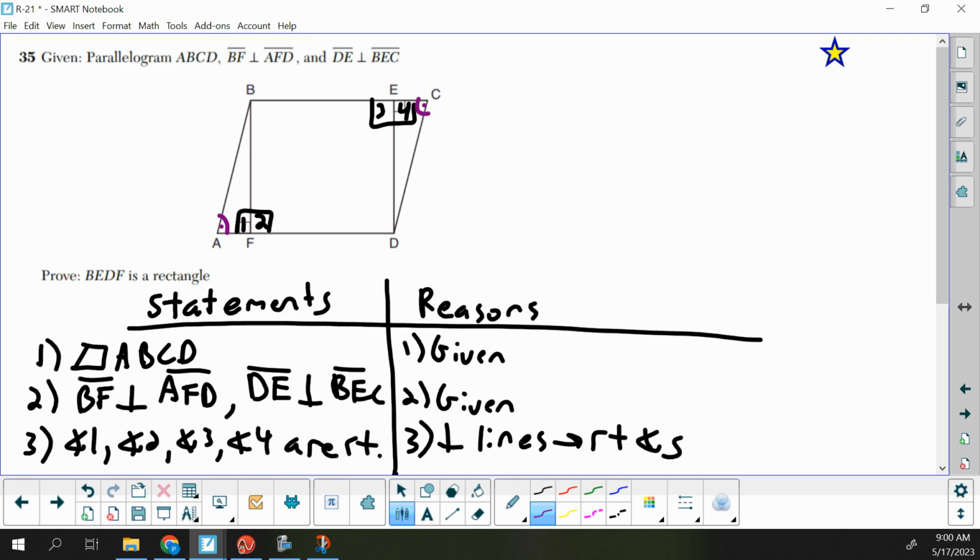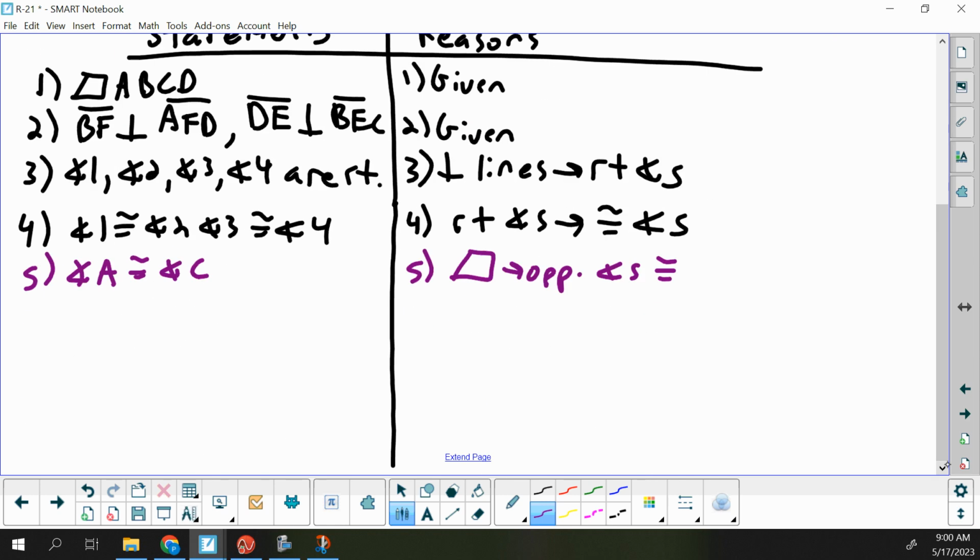So we now have angle, angle in those triangles. So we need a side. Well, something that a parallelogram implies is opposite sides congruent. So we'll do that reason next. Parallelogram implies opposite sides congruent. And we don't know if we'll need both of them, so let's go ahead and do both sets.